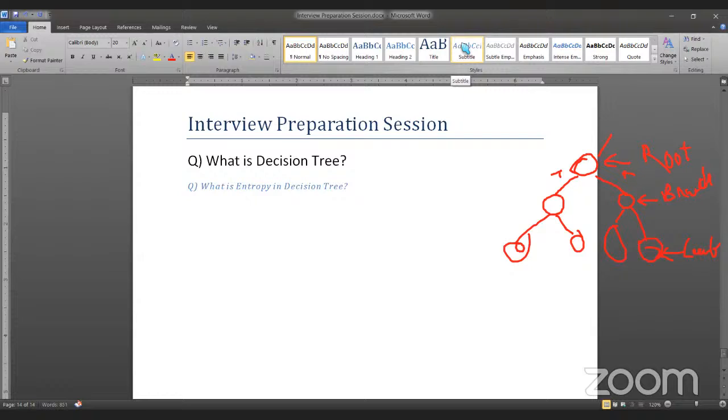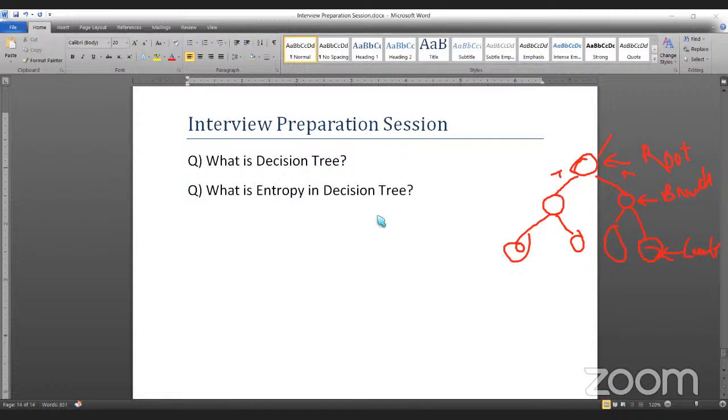Yeah, decision tree could be used for classification as well as regression. Okay, we decide based on entropy.